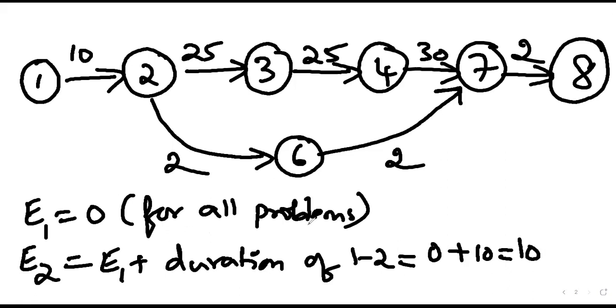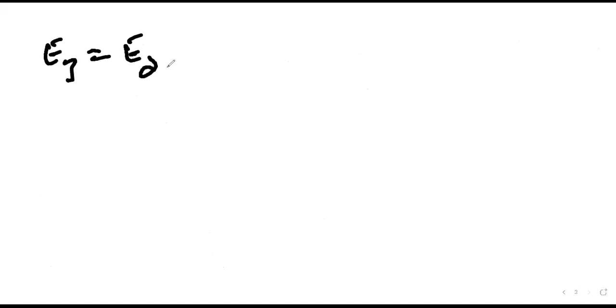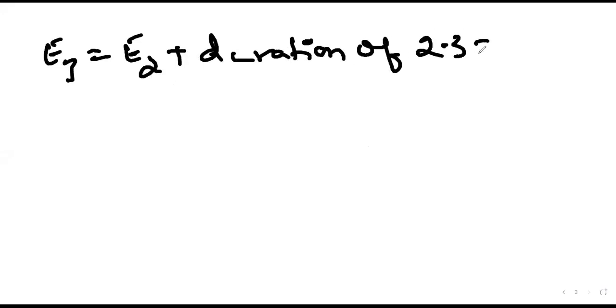These are calculations we have done already in the previous class. E3 is E2 plus duration of 2 dash 3, that is 10 plus 25, equal to 35.